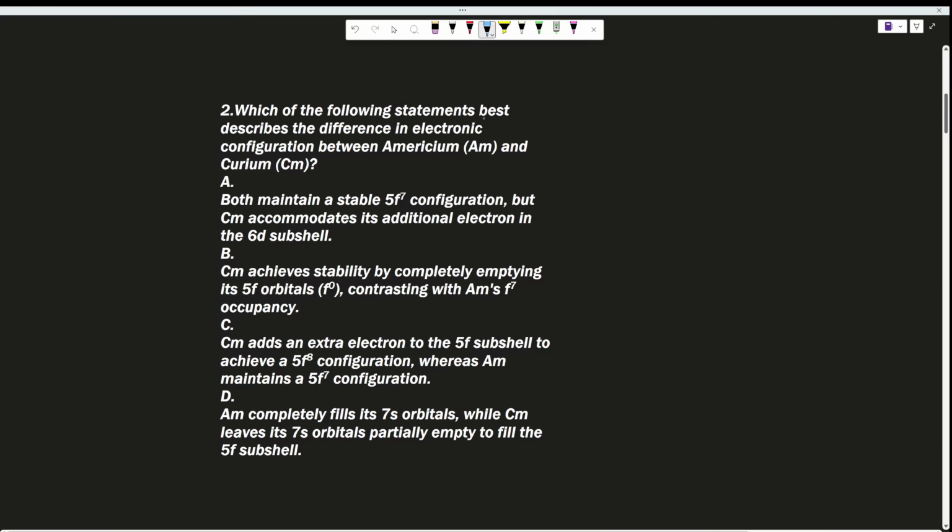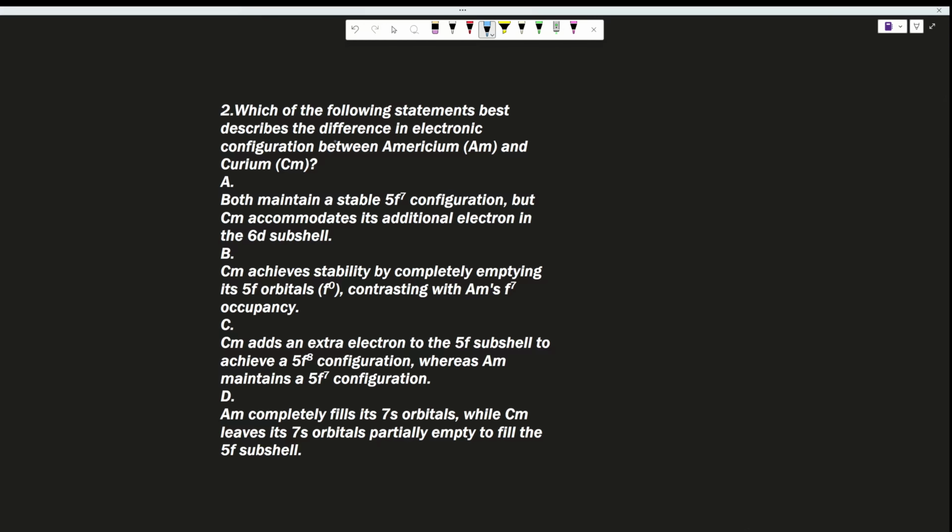Which of the following statements best describes the difference in electronic configuration between americium and curium? If you look at their configuration, both have a half-filled f7 configuration.